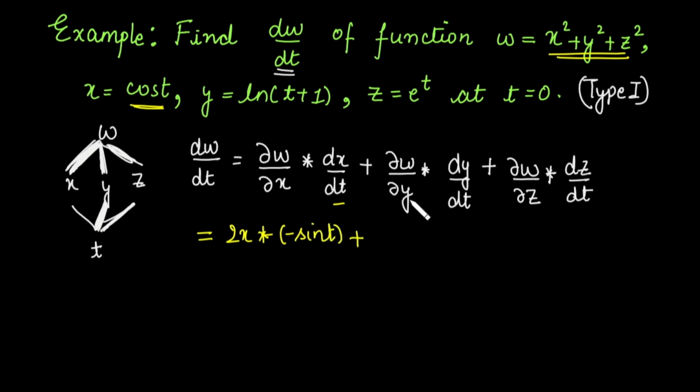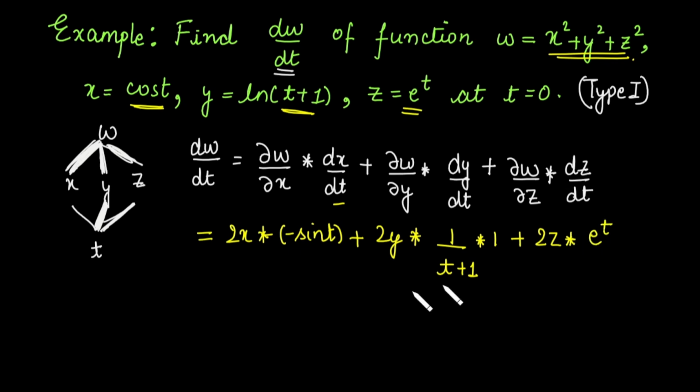plus partial derivative of w with respect to y, means x and z are constant, and the derivative is 2y into derivative of y with respect to t, that is a log derivative is 1 by t plus 1 into the derivative of the internal term with respect to t is 1, plus partial derivative of w with respect to z is 2z into derivative of z with respect to t, that is e raised to power t.